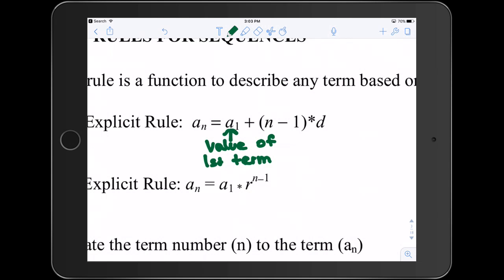The n, notice there's no a sub n here, is just n. This literally means the term number. So are we talking about the first term, second term, third term? That's the term number. And the d, as you can imagine, is the d value, or that difference that we talked about up above. So that is the explicit rule for arithmetic.